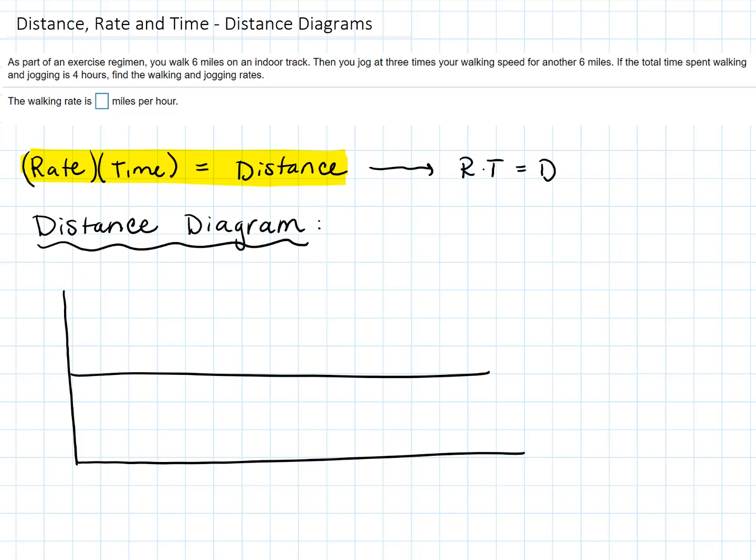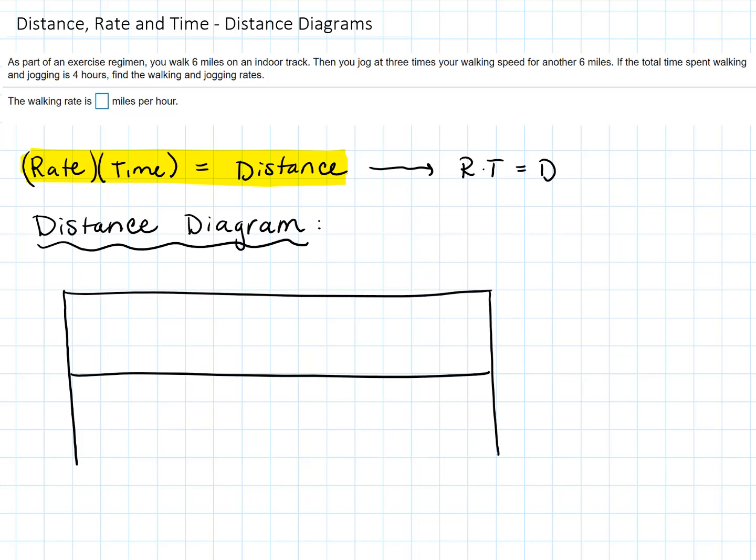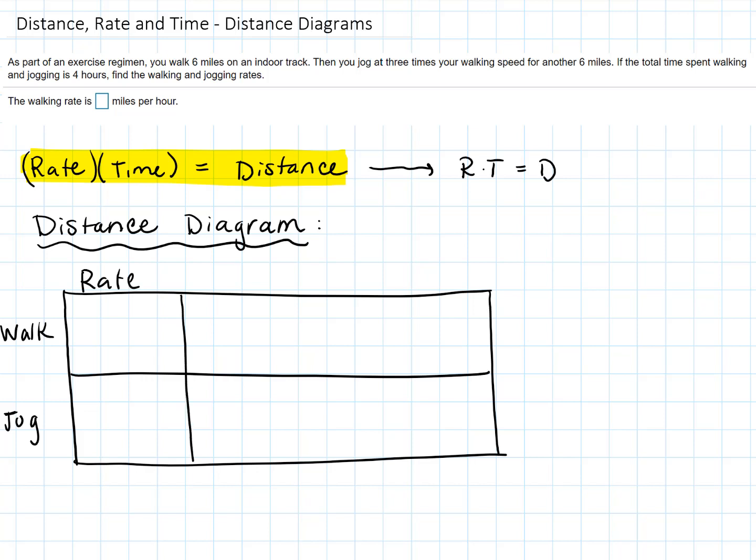So we've got some time walking and some time jogging. We've got the rate at which we do each of those things. We know that if we multiply that by the time spent doing each of those things, we would get the distance.